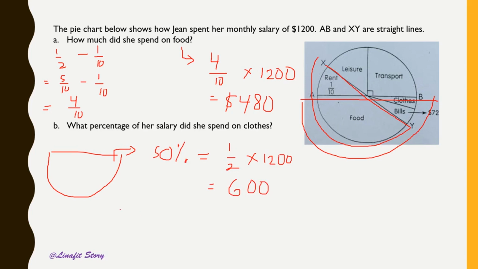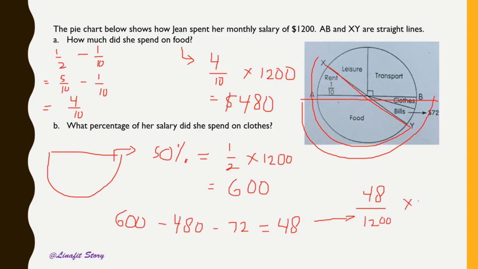For the clothes would be 600 minus food 480 minus bills 72 equals $48. But the question was asking, what percentage of her salary did she spend on clothes? So it will be 48 out of the total 1,200 times 100% equals 4%. So she spent 4% of her salary on clothes.